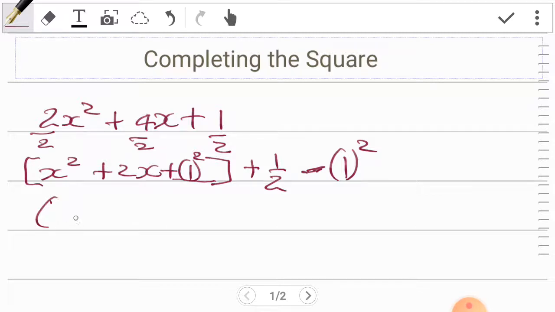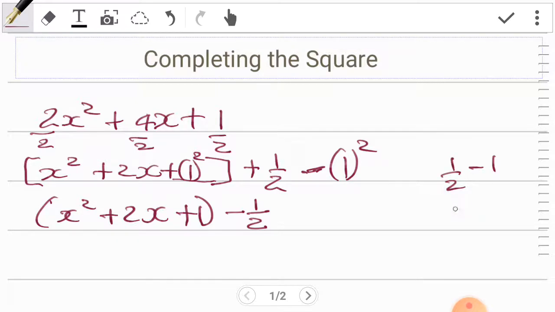In this bracket here, we have x² + 2x + 1, and then out here we have a half minus 1, and that is going to leave us with negative a half. Again, a half subtract 1 is the same thing as negative a half.